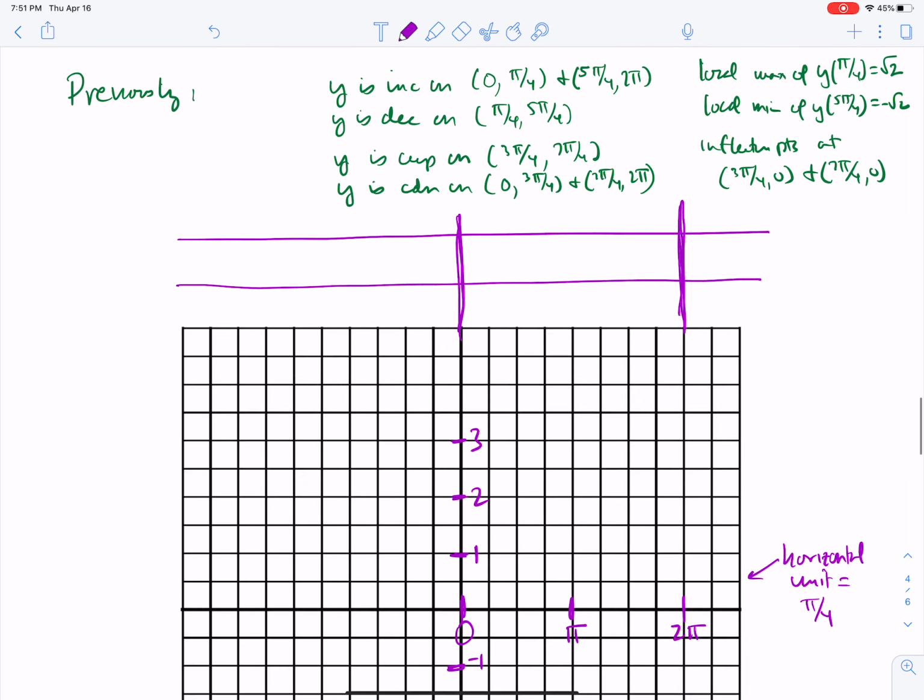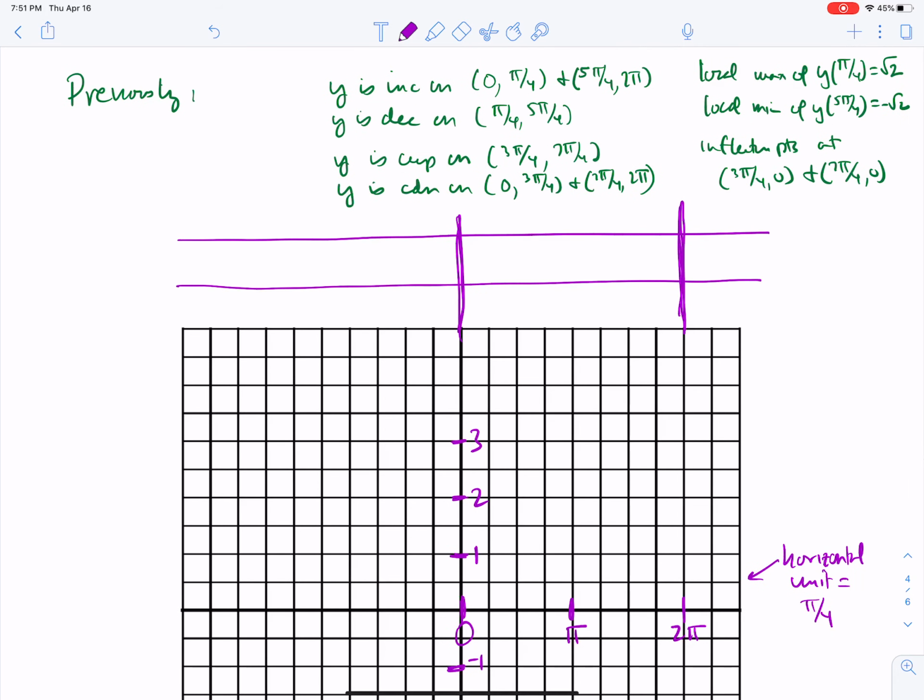And so I'm going to be increasing from 0 to pi over 4. So I'm increasing here. And then from 5 pi over 4, and in between, I'm decreasing.